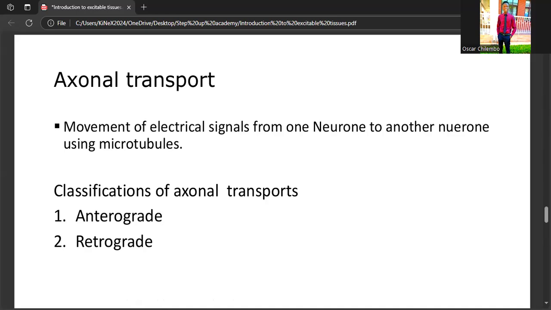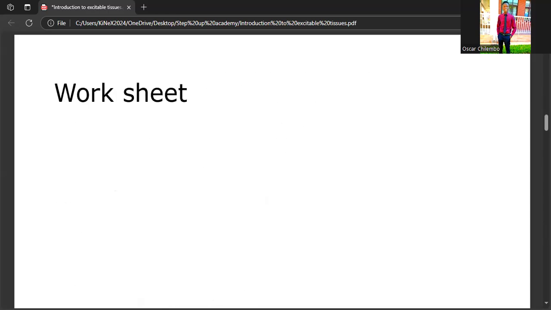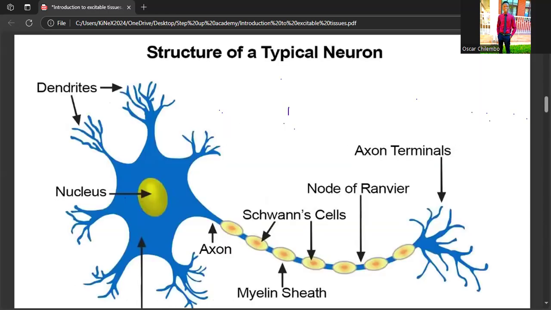So the anterograde is when a nerve impulse is moving, let's go to our reference, from the cell body towards the axonal terminal, the normal one.